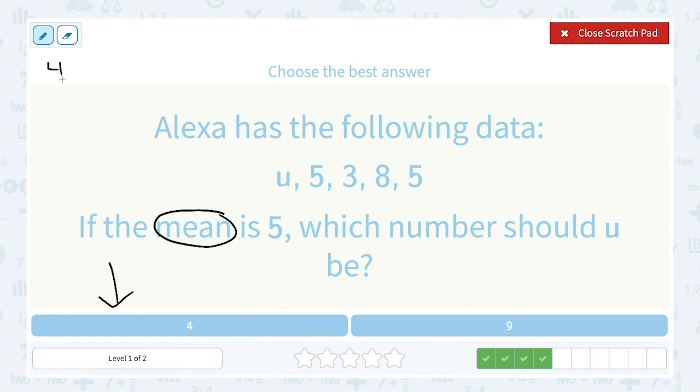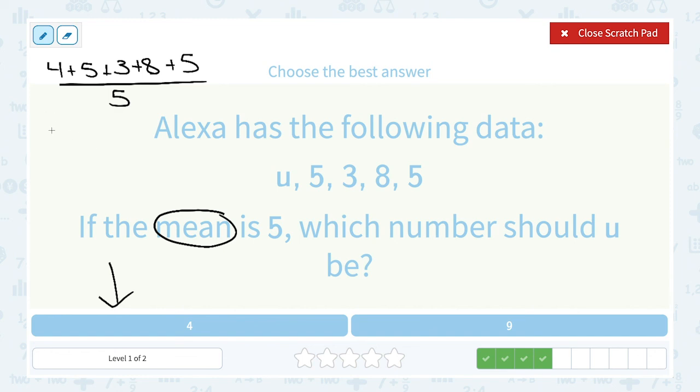Okay, so 4 plus 5 plus 3 plus 8 plus 5, right? That's adding up all my numbers and then dividing it. There's 5 numbers, so I'm going to divide it by 5. Okay, so I've got 4 plus 5 plus 3 plus 8 plus 5.